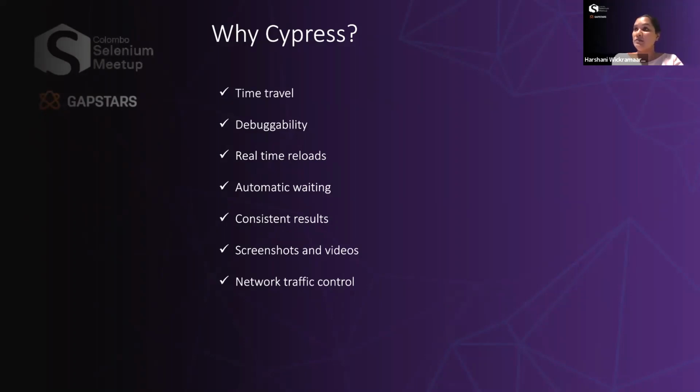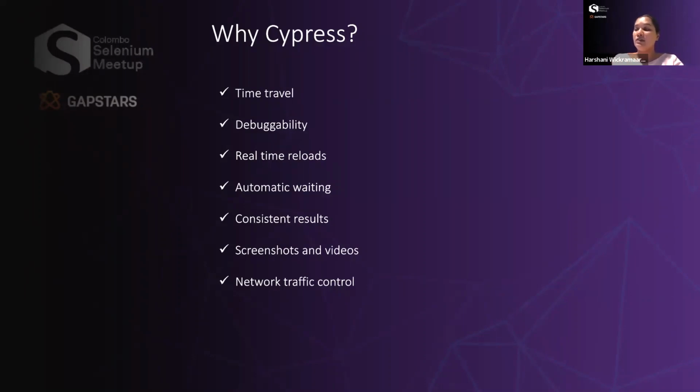Because Cypress waits 4 seconds for the element and the assertions, and it runs in the same run loop as the application, tests are less flaky. When we are doing Selenium automation, most of the time we face flaky tests. But in Cypress, due to these two reasons, tests are not flaky at all. For every test execution cycle, you get consistent results.